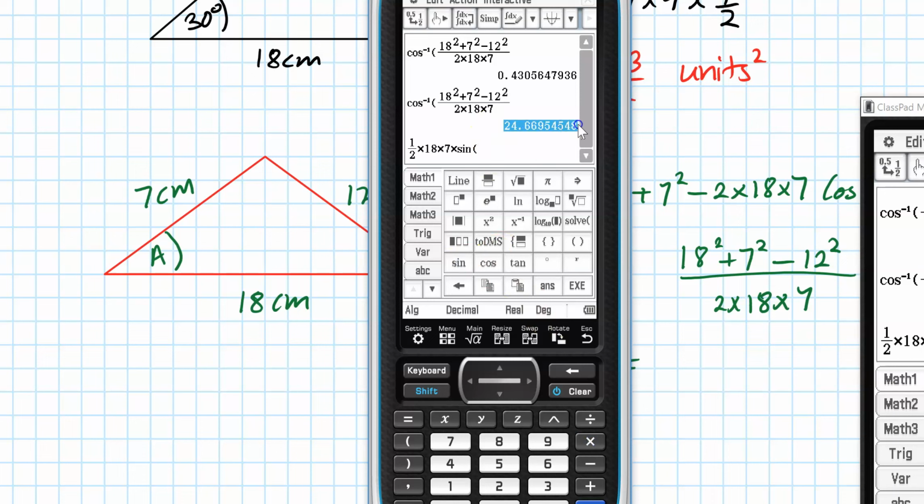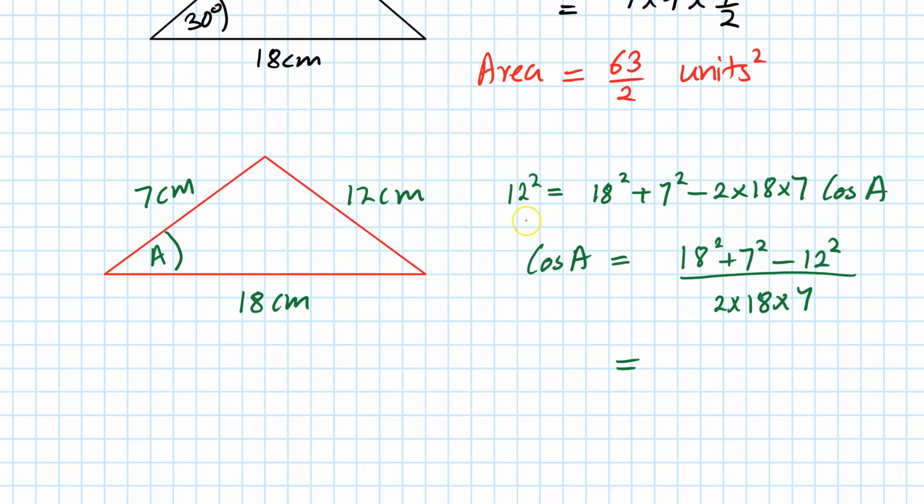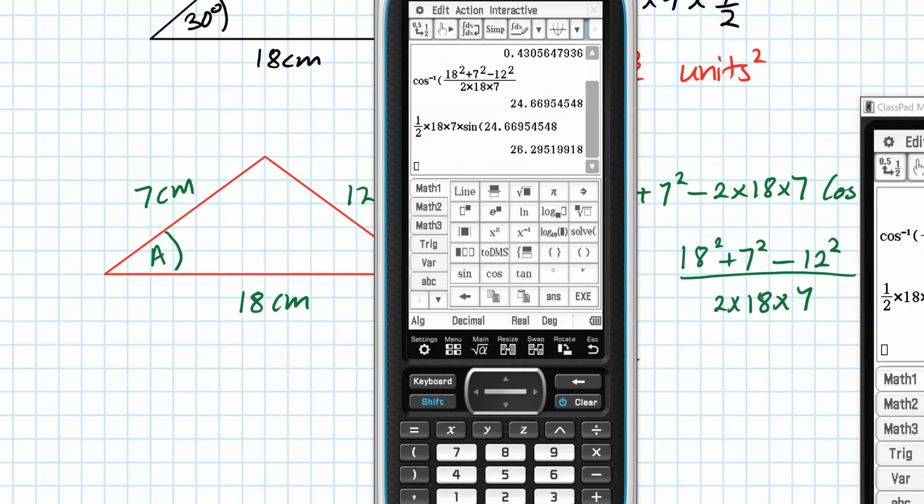I'm going to just simply copy and pull it down to make sure that we have everything into account, or rather you can just type cos inverse of that whole equation inside there to make sure that you get the exact figure. Then you press enter. Now we have the area as 26.30 square units to two decimal places in this case.